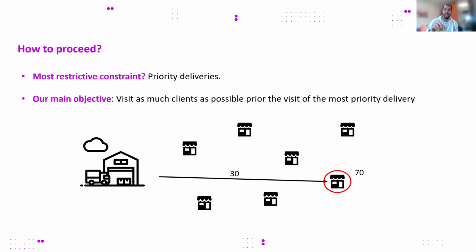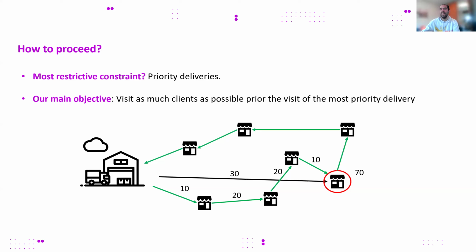So what we can do is visit as many clients as possible prior to the visit of the most priority client, of course respecting the time window that the client has established. Then, when we visit that client, we have this first subroute. We complete the regular route by visiting all the remaining clients.